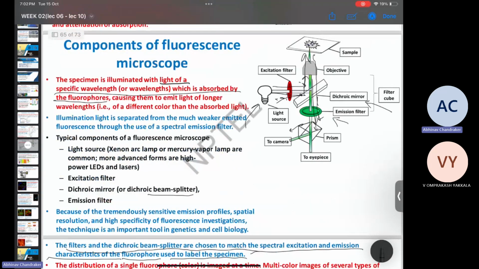For this, we use some light source such as a xenon arc lamp or mercury vapor lamp.